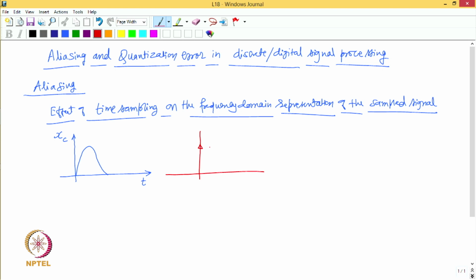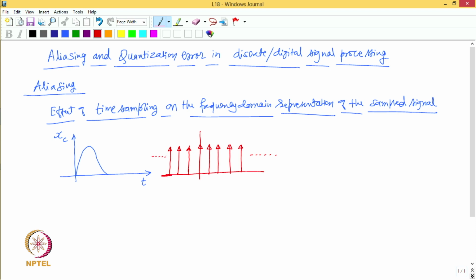So, this is a signal which is a train of unit impulses, going up to plus infinity, and then on the negative side also we have these unit impulses going to minus infinity.